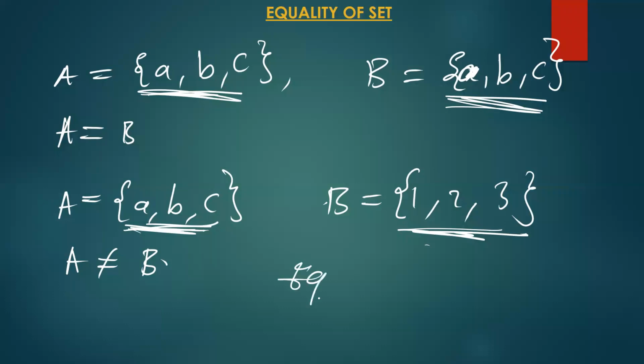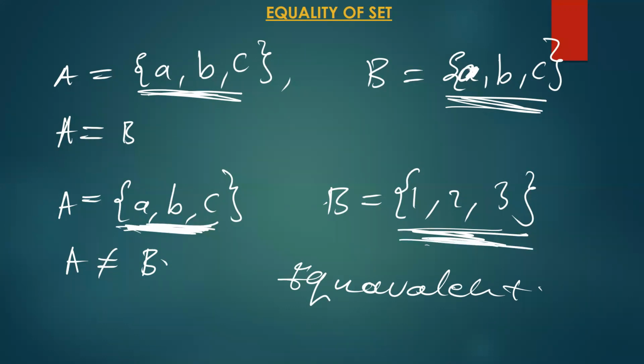Are equivalent. So two sets are known to be equivalent when they have the same number of elements. So they may have different elements, like what we have in set A, we have letters of the alphabet, and then in set B, we have numbers.